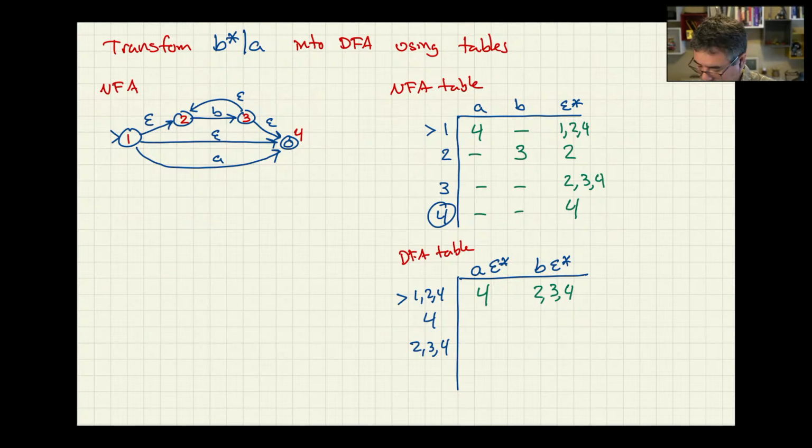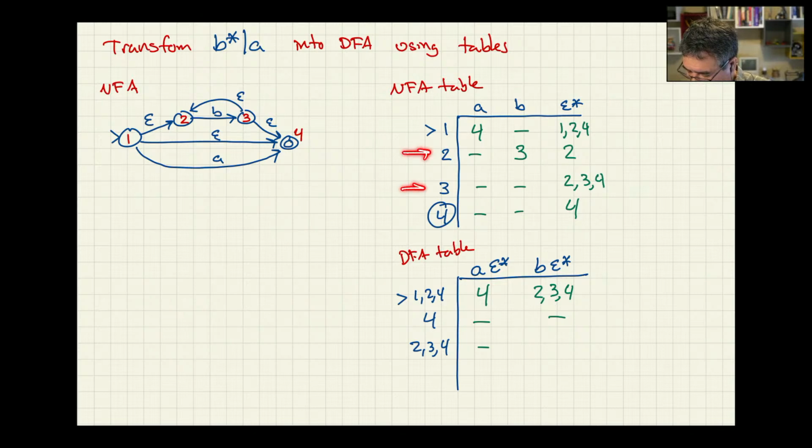Repeat the process. So we're doing this row here. So 4 on an A takes us nowhere. 4 on a B also takes us nowhere. So that row's done. Didn't add anything new. Now this row, 2, 3, 4. 2, 3, 4 on an A takes us nowhere.